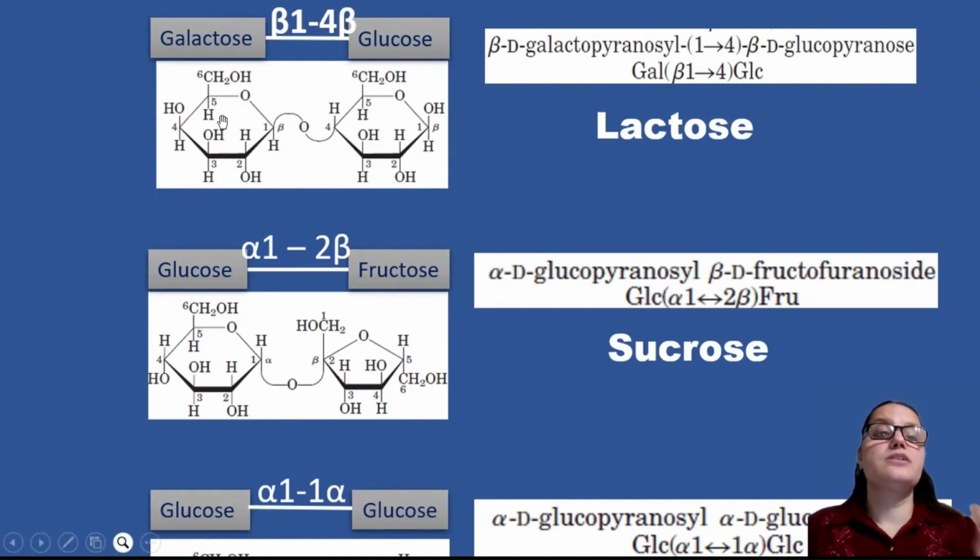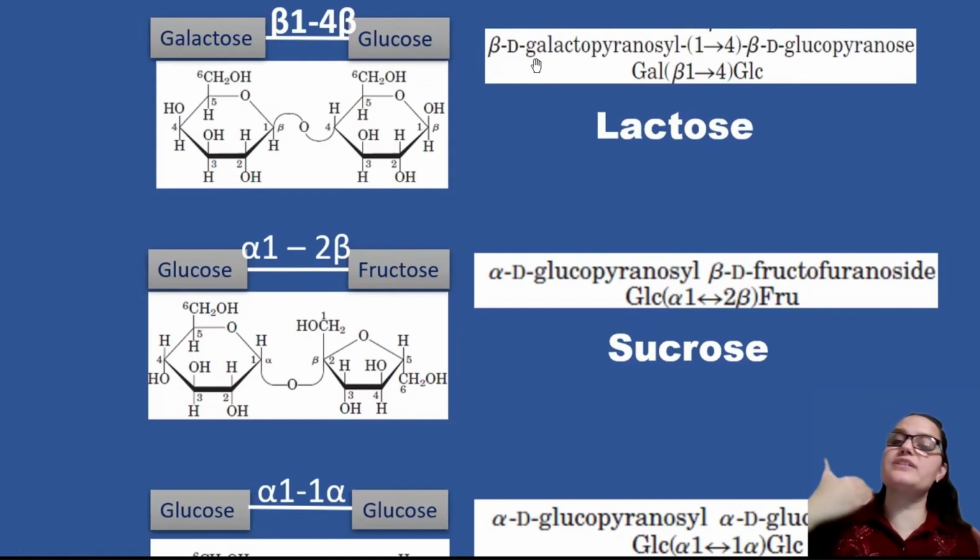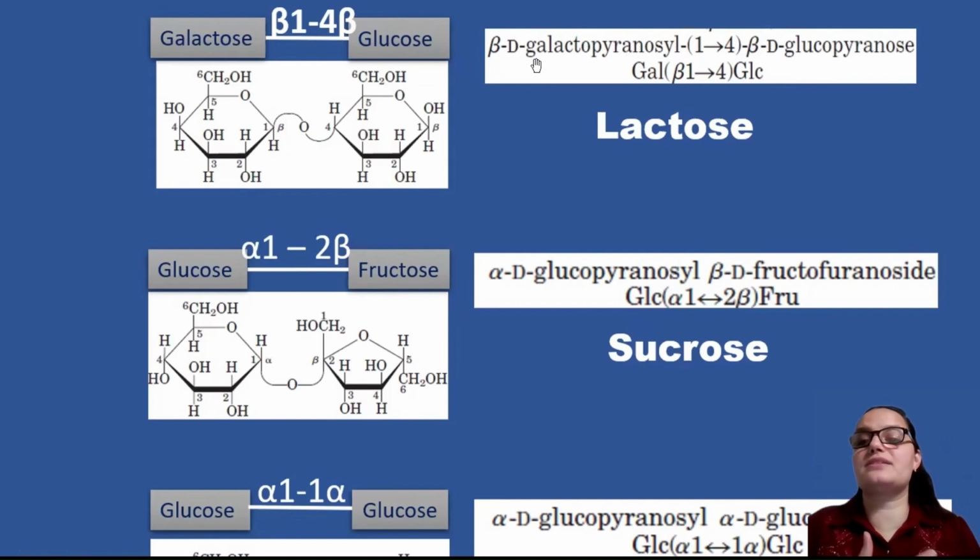So this is D. So beta D galacto is the prefix. We don't write galactose over here; we always drop the O, just as when discussing glucose we use the word gluco. So this is galactopyranosyl, right? Of course, the hemiacetal carbon is not there now; it is the acetal carbon. So pyranosyl 1,4 beta D glucopyranose.